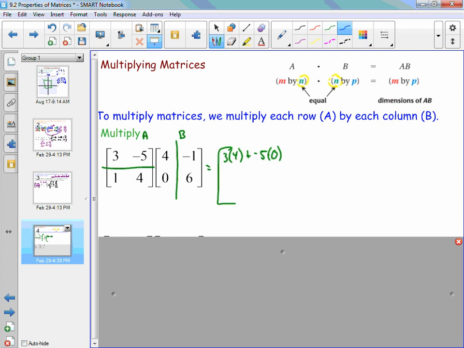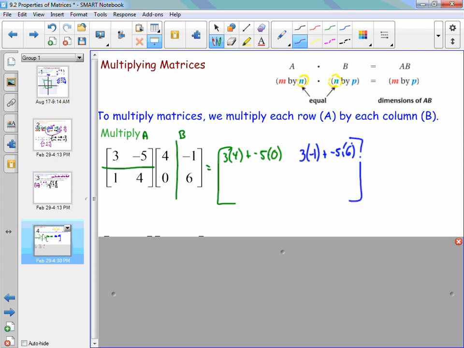That will give us the first row, first column element. We are going to multiply the first row by the second column. So 3 times negative 1 plus negative 5 times 6. And that'll give us row 1, column 2 element.